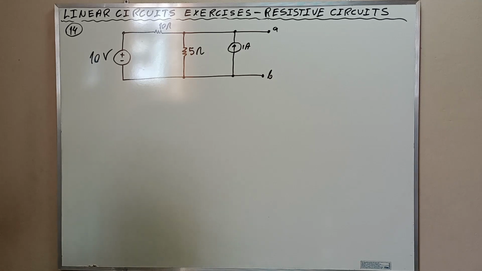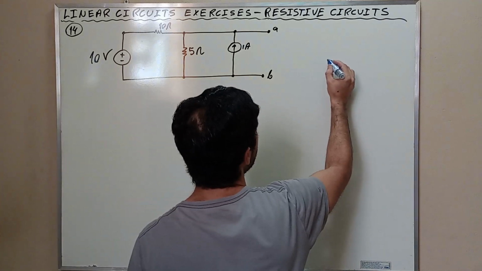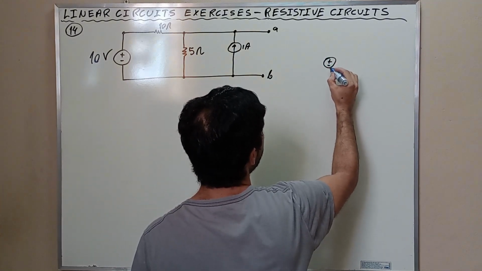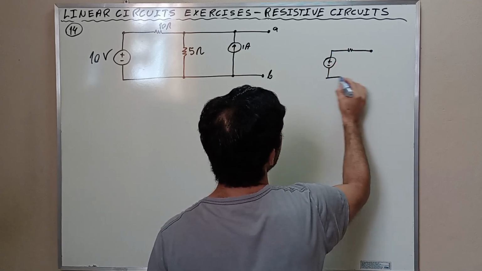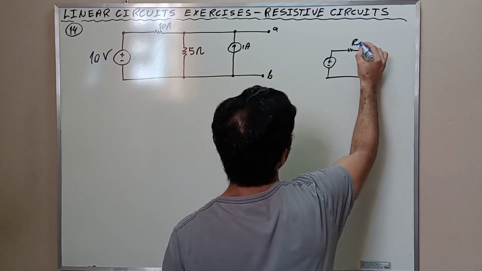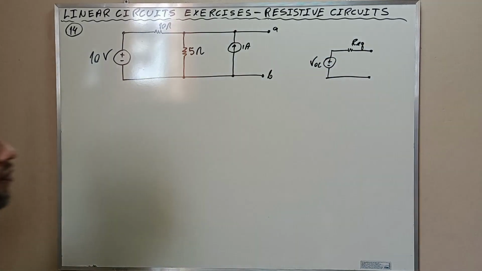Let's begin with the Thevenin equivalent circuit. We know that the Thevenin equivalent circuit is made up of a voltage source, the open circuit voltage, and an equivalent resistance.